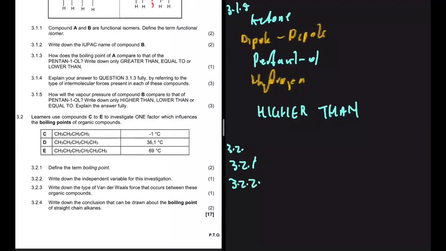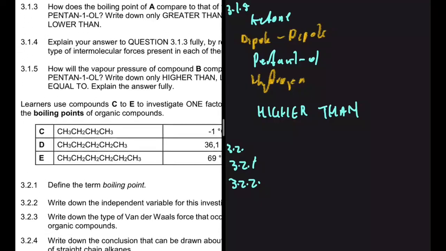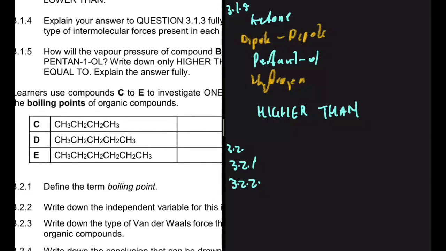3.2.2. Write down the independent variable for this investigation. Let's take a look at what is happening in this question. Let us use compounds C to E to investigate one factor which influences the boiling points of organic compounds. In compound C we have 4 carbons, in compound D we have 5 carbons, and in compound E we have 6 carbons.